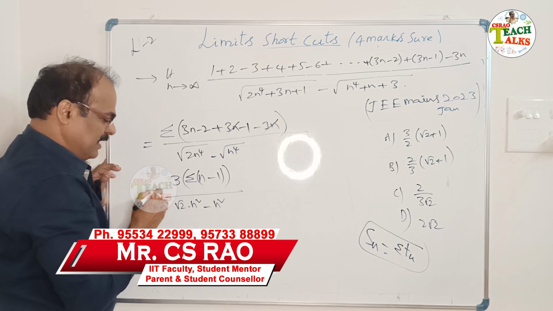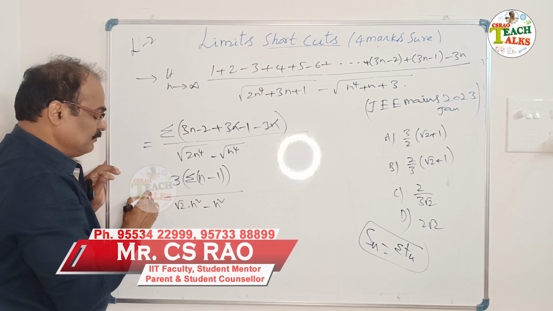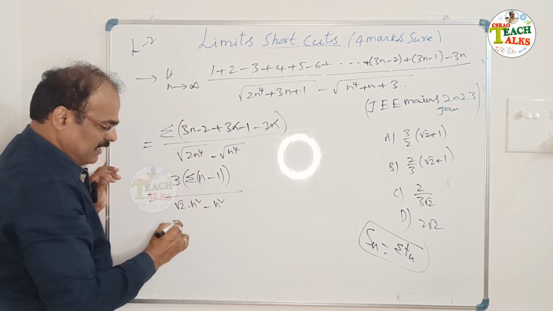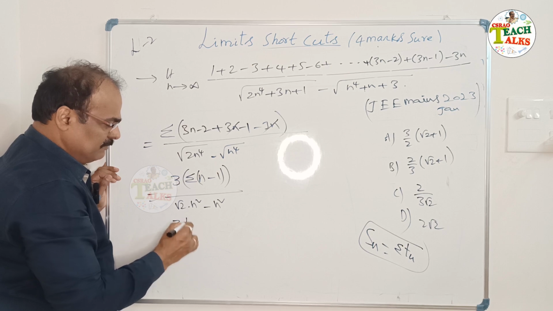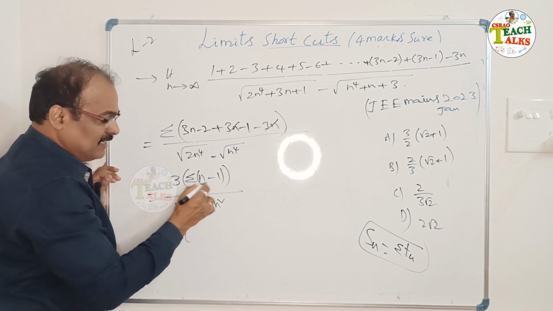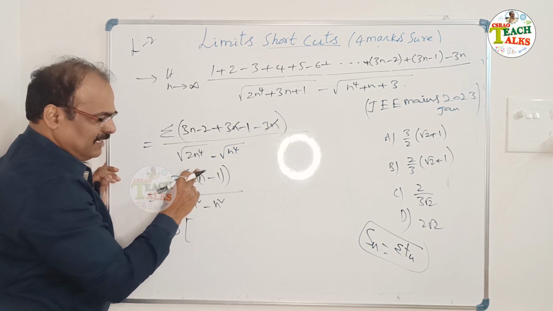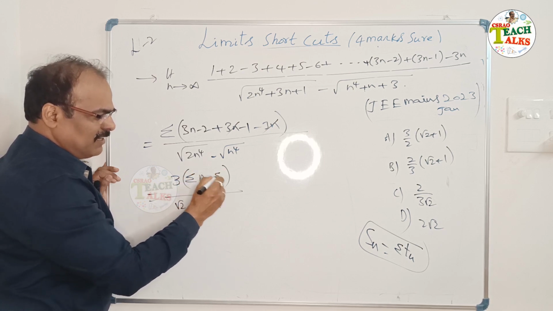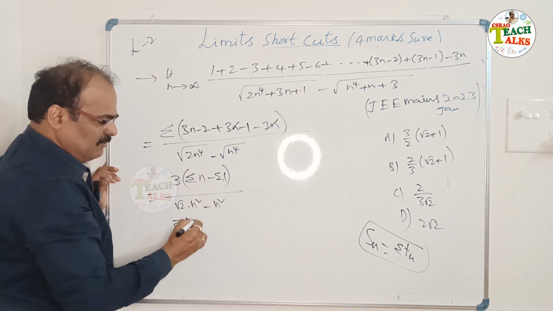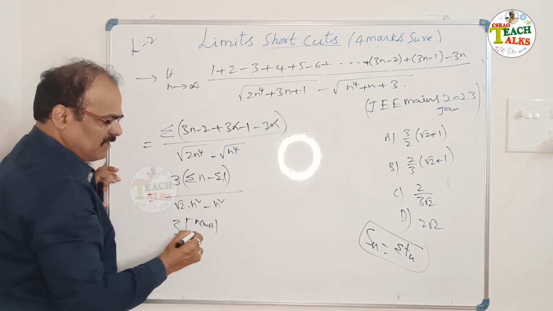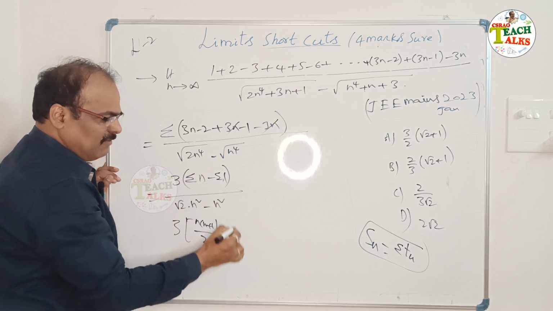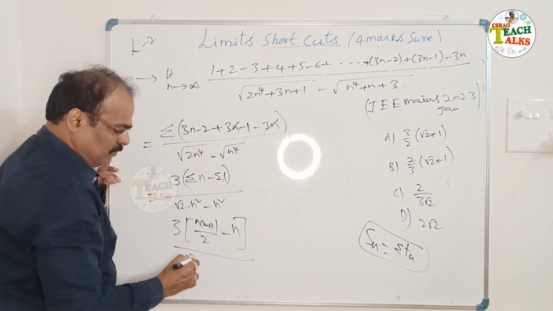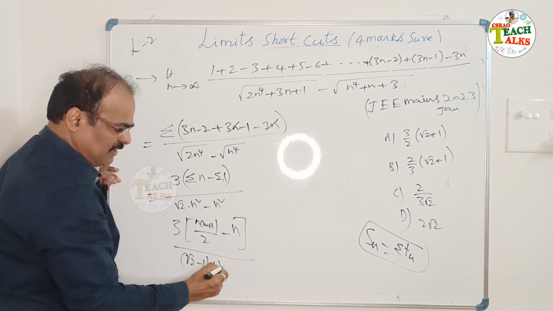Now limit n tends to infinity is there, but I am not writing. Now you see this one, 3 into sigma n and sigma 1. We can write sigma n as n into n plus 1 by 2, minus sigma 1, which is n. Already I have written it at the beginning. This one, 2 root 2 minus 1 into n square.